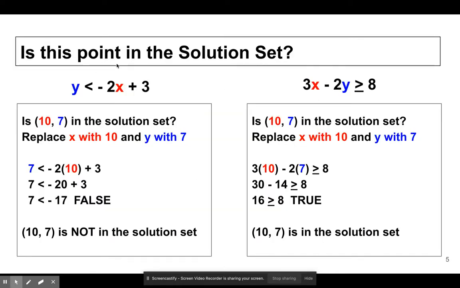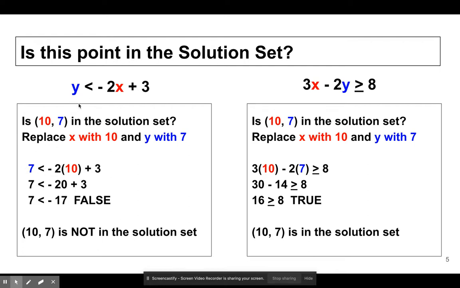So how do we know if a point is in the solution set? What we can do is we can test it. What should happen is when we plug the x and y value into the inequality, then we should get a statement that is true. For instance, I'm given this inequality: y is less than negative 2x plus 3. And I want to know, is (10, 7) in the solution set? So 10 is in the position of x, 7 is in the position of y. So I'm going to plug those things into the inequality.